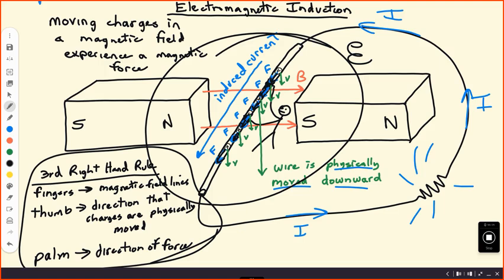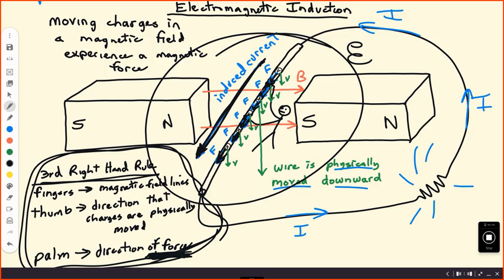So far we figured out the direction of this induced current by using the third right-hand rule. But the third right-hand rule tells you the direction of the force. But then if you know they're all going to be forced out of the page, well, then the new current is going to be out of the page. So you make that leap of understanding that the new current is in the direction of the force, because the third right-hand rule gives you the direction of the force.